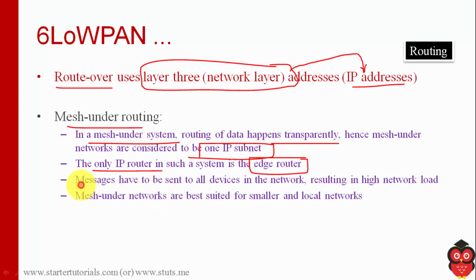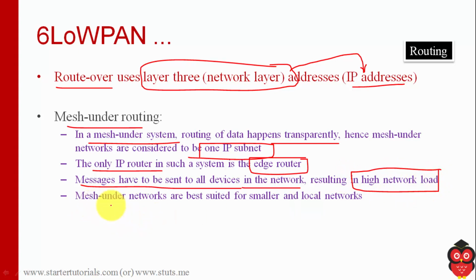The message has to be sent to all the devices in the network. So it's kind of broadcast. Broadcasting means sending the same message to all the devices which are in the network. So what happens when the same message is sent to all the devices? It will result in high network load. The traffic will increase.